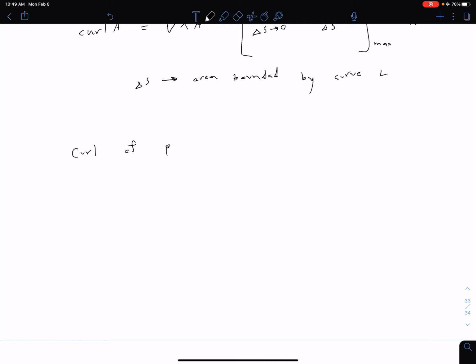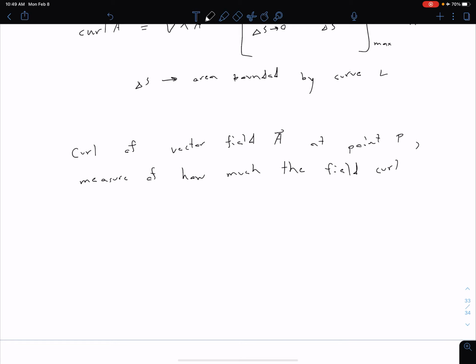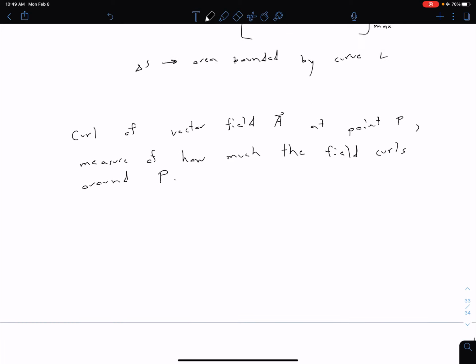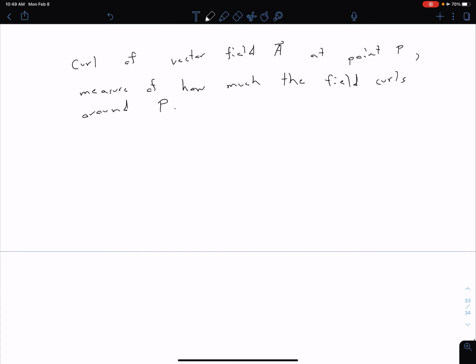So curl of vector field A at point P, so we need to talk about it at some particular point, is the measure of how much the field curls around P.